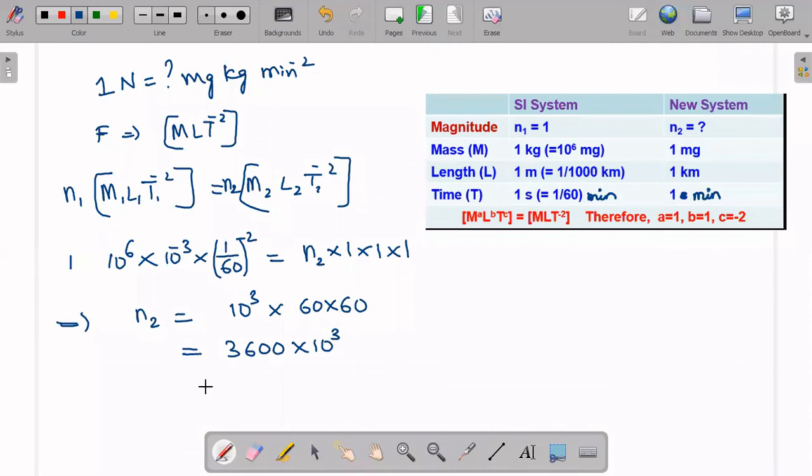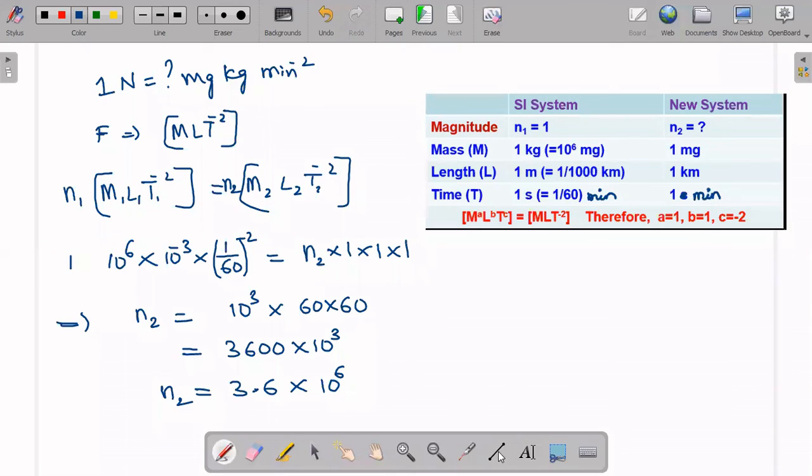This we can write as 3.6 into 1000, which is 3600, so 1000 means 10 to the power of 3. Here one more 10 to the power of 3 is there, so both together become 10 to the power of 6. This is the n2 value.